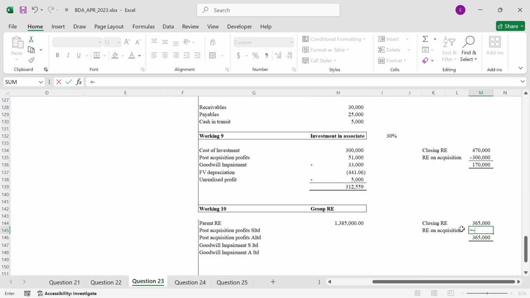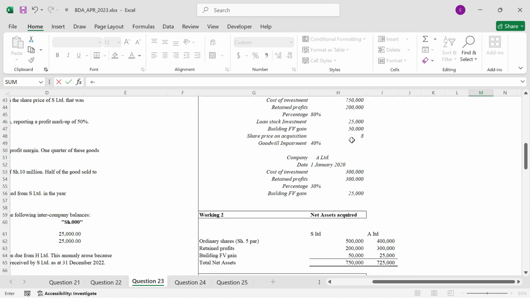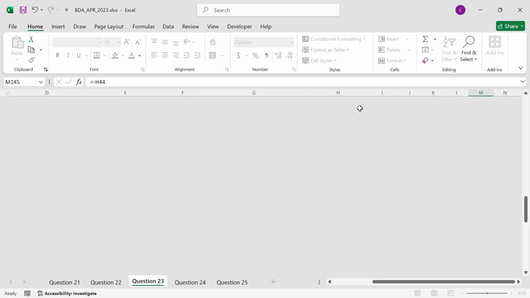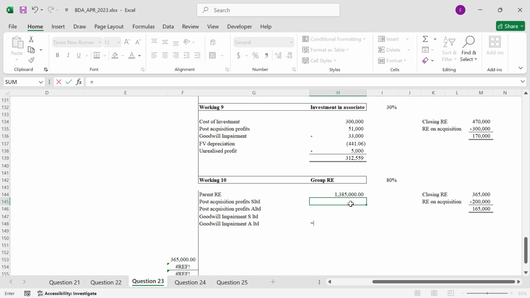The retained earnings on acquisition were 200,000. So that I have 165,000. But remember, this is the parent, and so I want the parent's share. So this will be 80% multiplied by 165.